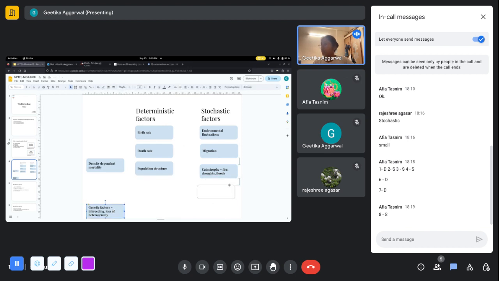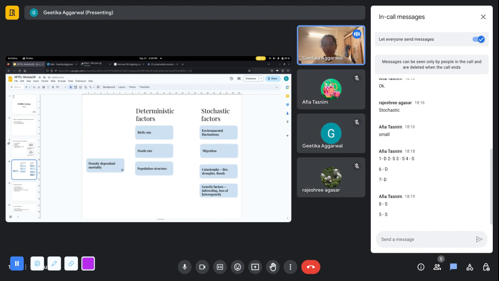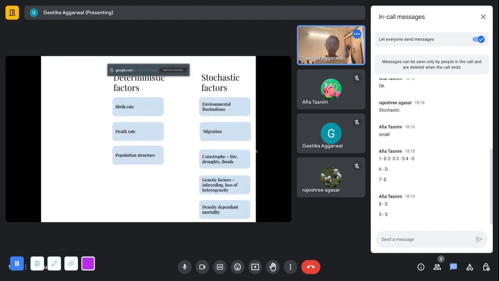Genetic factors are stochastic. And so density dependent mortality is also a stochastic factor. Okay. So you have correctly categorized these factors.